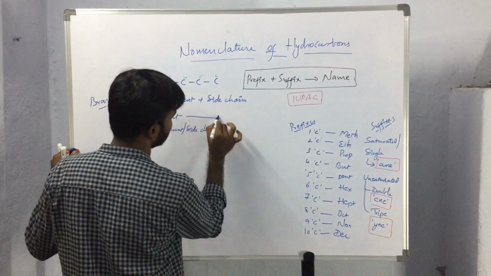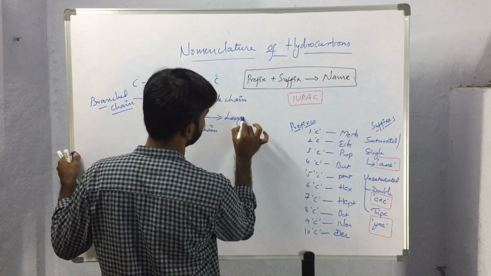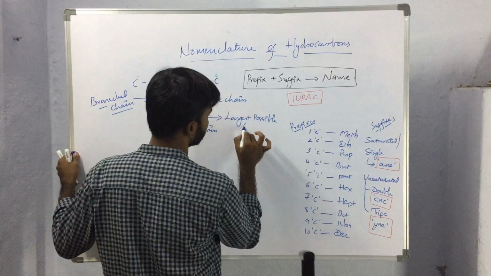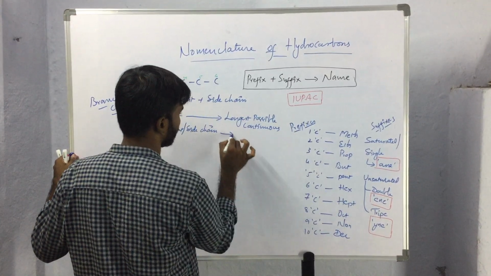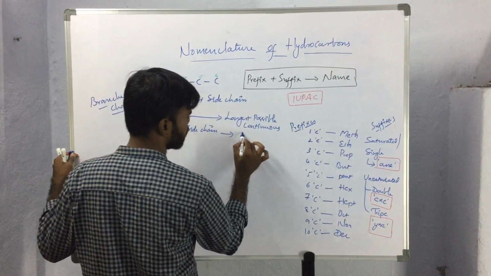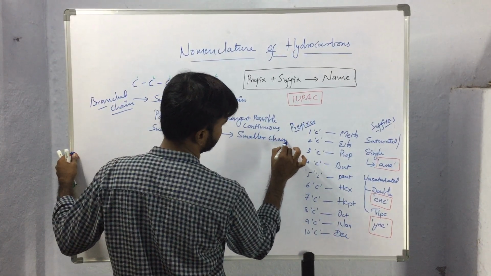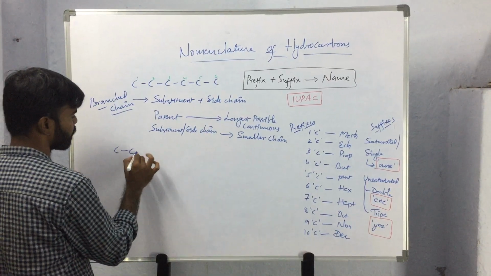So here the parent chain means the longest possible continuous chain, whereas the side chain is the smaller chain. So let us have the example.